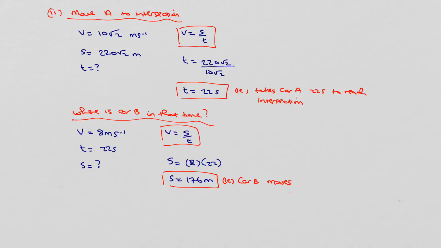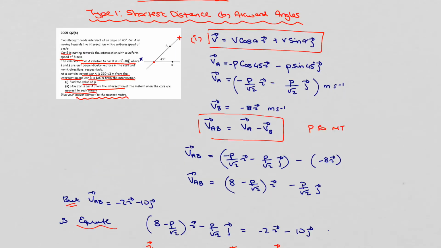Now, how far away was car B from the intersection? If we go back to the question, we can see that car B was actually 136 metres from the intersection.